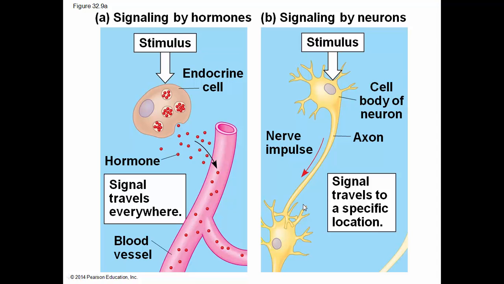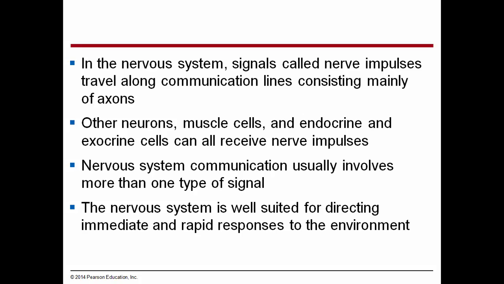Okay, this is on page 648. In the nervous system, signals called nerve impulses travel along communication lines consisting mainly of axons. We are going to go into the nervous system in chapter 28, which is the last chapter of this unit, so we're going to do that in a little more detail.